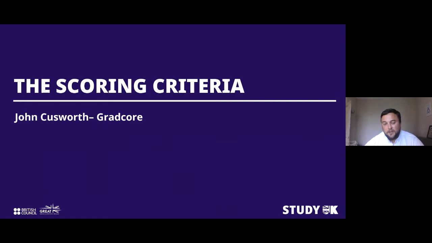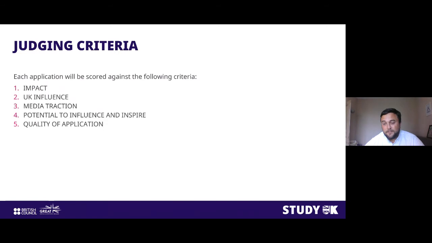What I'm going to do this morning is go through the criteria, explain what we're looking for at the different stages, and give you some tips as to how to best demonstrate the criteria in your response, and hopefully answer any questions knowledgeably. So here we go.